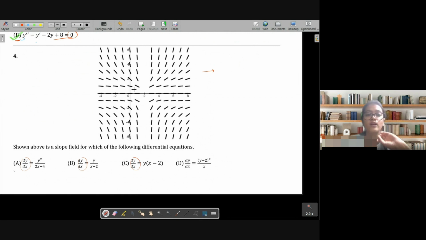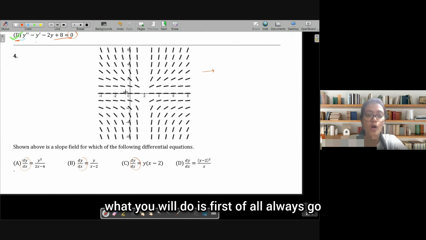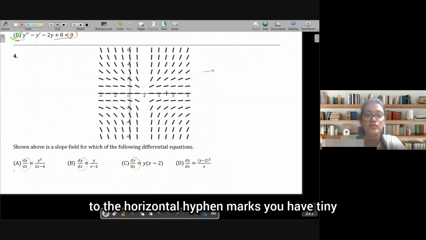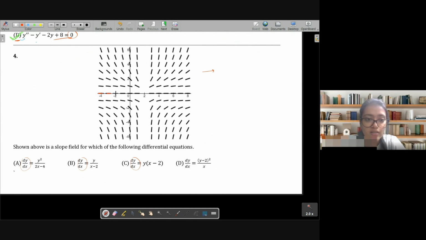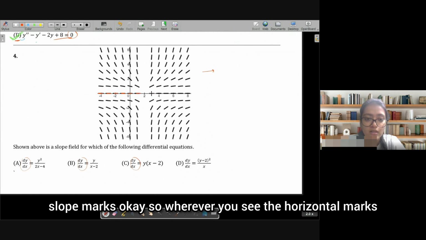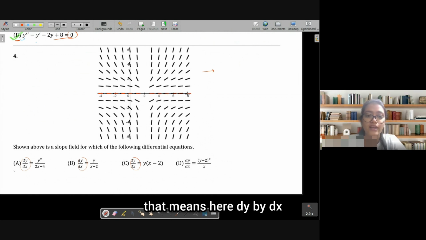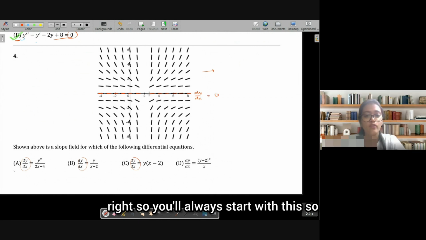Now what you will do is first of all always go to the horizontal hyphen marks. You have tiny marks. See the horizontal slope marks. So wherever you see the horizontal marks, that means here dy by dx is equal to 0, right? So you'll always start with this.